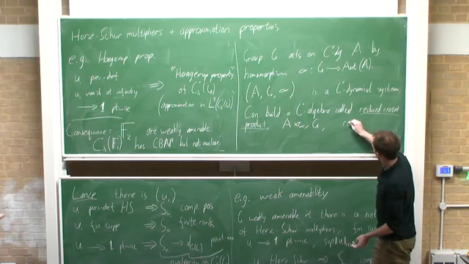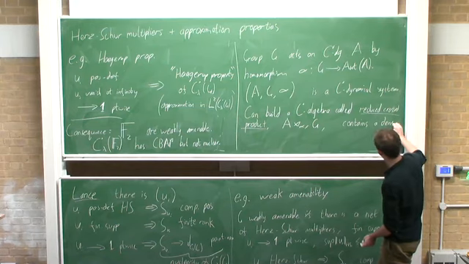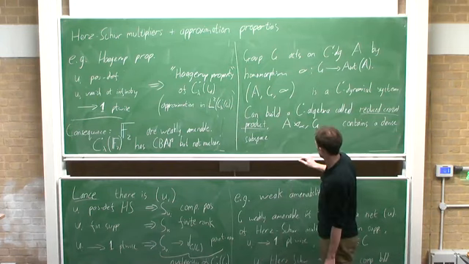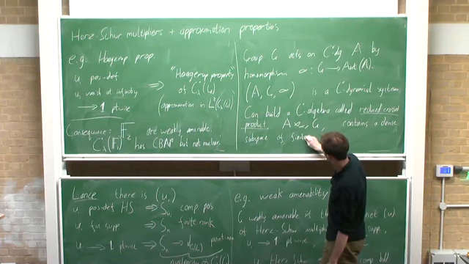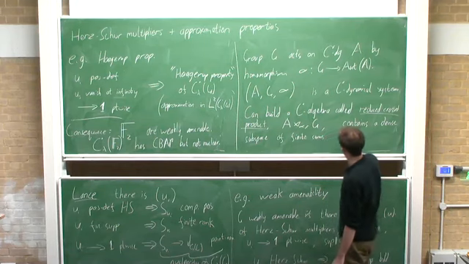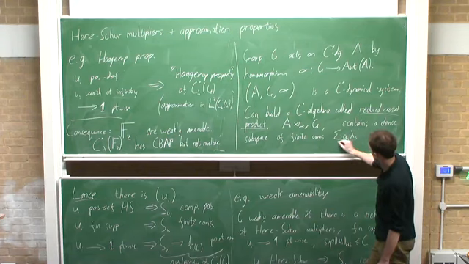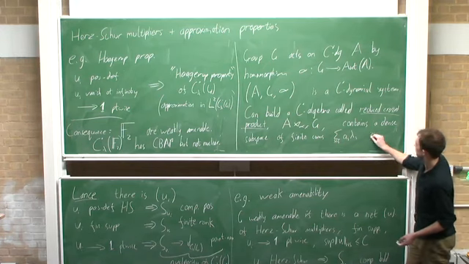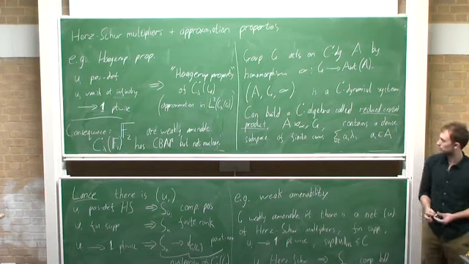And like before, it contains a dense subspace consisting of finite sums which I'll write as a_s lambda_s, again, but this time the coefficients come from the C-star algebra.